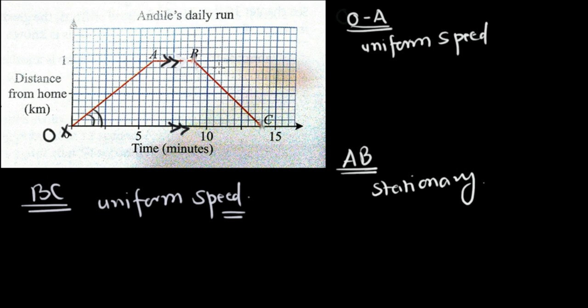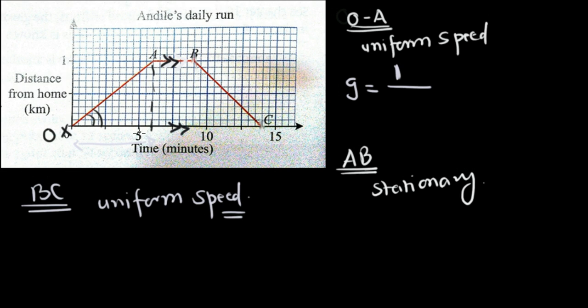If you find the gradient of this line, the gradient is equal to the rise, which is from 0 to 1, divided by the run. Sometimes it's very difficult to analyze what that line is. So before you jump onto the formula and plug in the values and calculate the wrong value, be sure about what you read off.